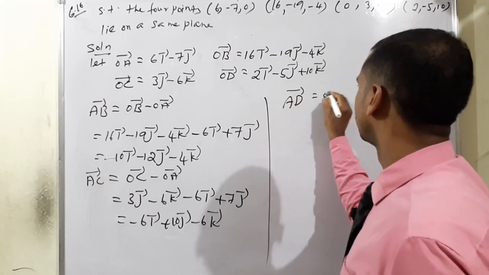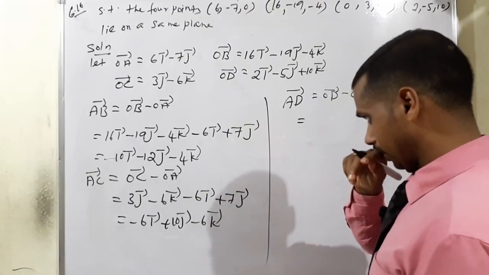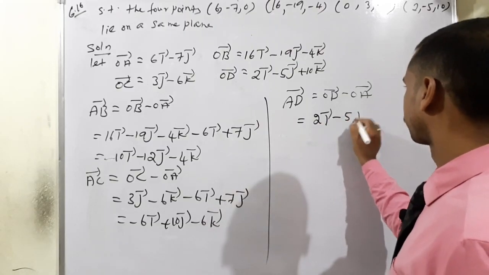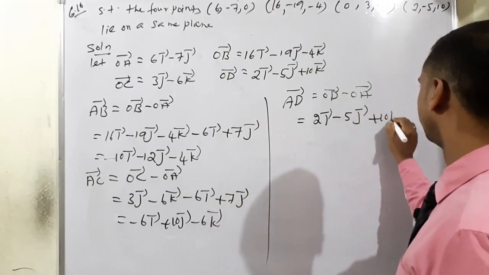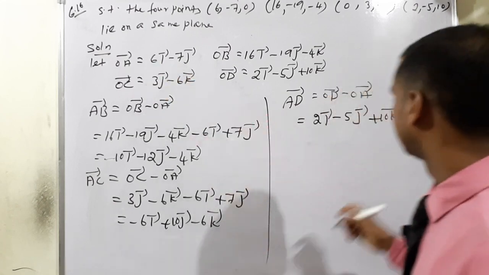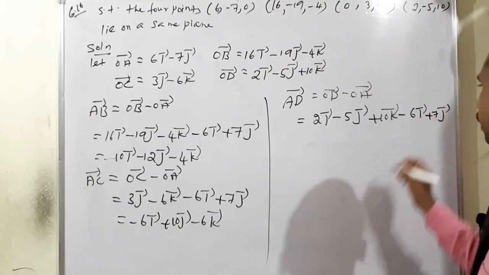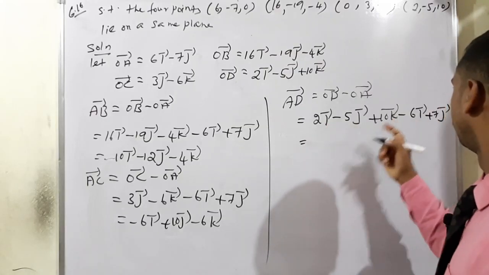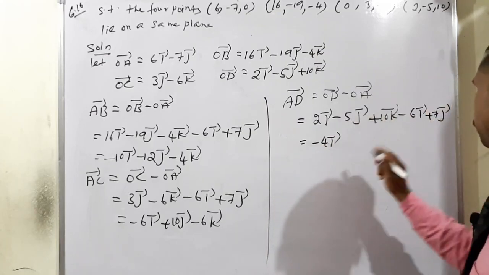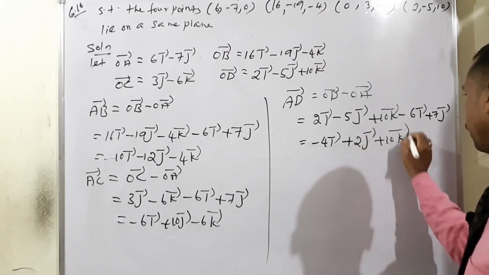So AD vector is equal to OD vector minus OA vector. OD vector means 2i vector minus 5j vector plus 10k vector. Then OA means sign minus 6i, then positive 7j. Now 2i minus 6i is minus 4i vector, minus 5j plus 7 is plus 2j vector, then plus 10k vector.